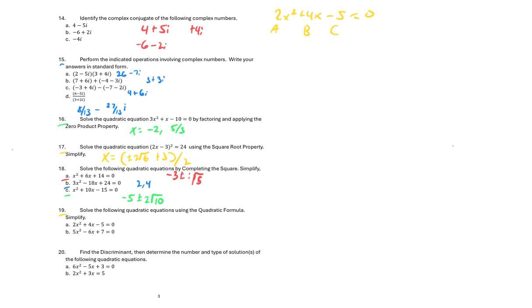So the quadratic formula is negative b plus or minus the square root of b squared minus 4ac all over 2a. And if we plug our values in, we get negative 4 plus or minus the square root of 4 squared minus 4 times our a, which is 2, times our c, which is negative 5, all over 2 times 2.